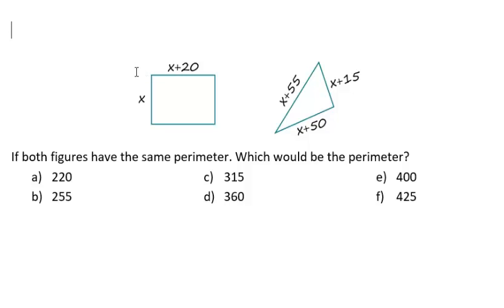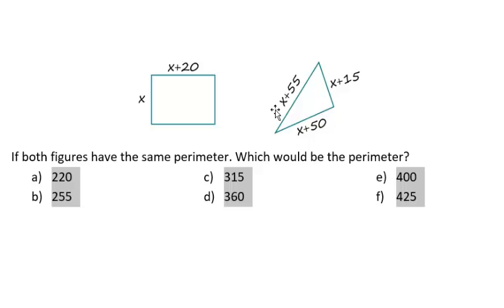You can do it on a piece of paper if you cannot do it in your mind. So 80 and 100, and I have 80 here also and 100 too. So 100 and 100 is 200. 80 and 80, 160. 200 and 160, 360. So that'll be the answer for this perimeter.